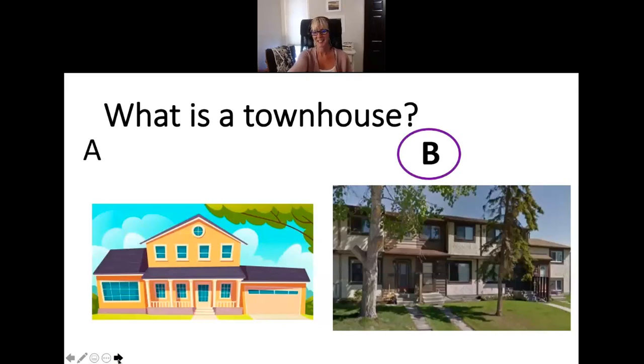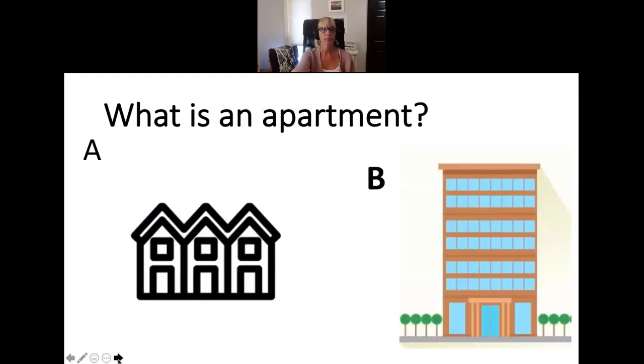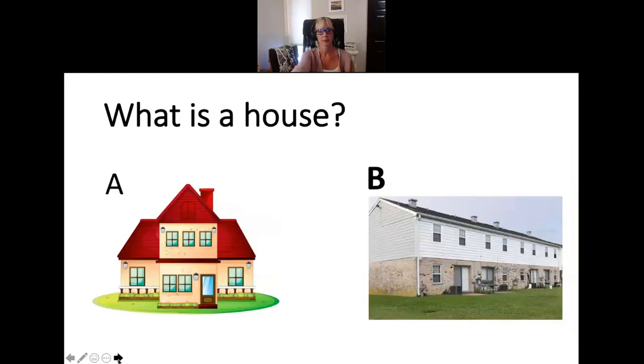B is a townhouse. A is a house. B is many houses next to each other. What is an apartment? B is an apartment. What is a house? A is a house.